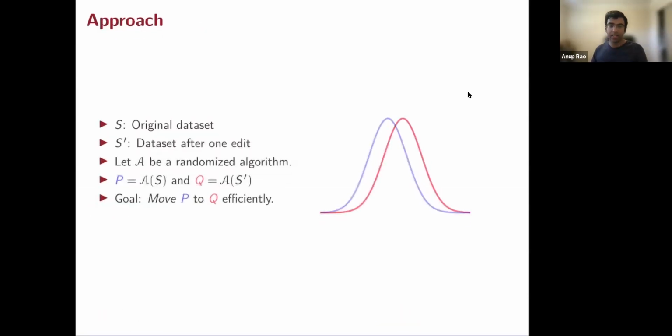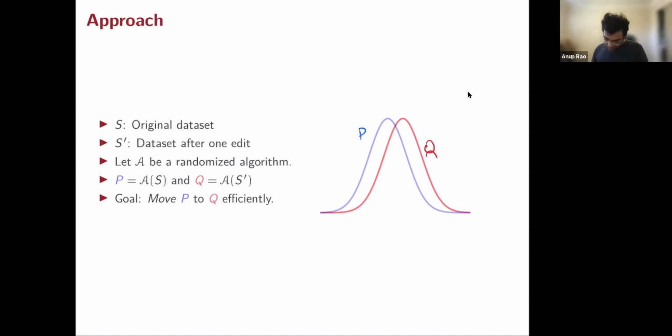So our goal is to move the distribution P to Q efficiently. Say the blue distribution here is P, and this is Q here.